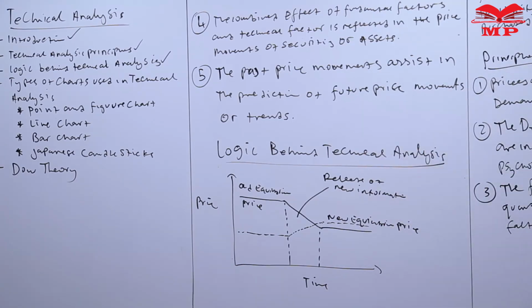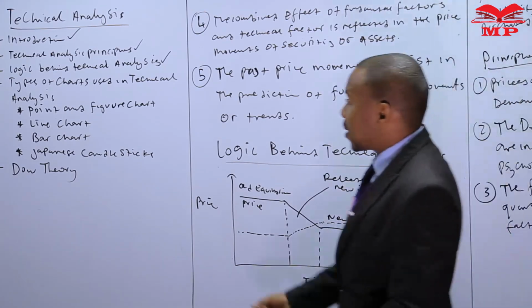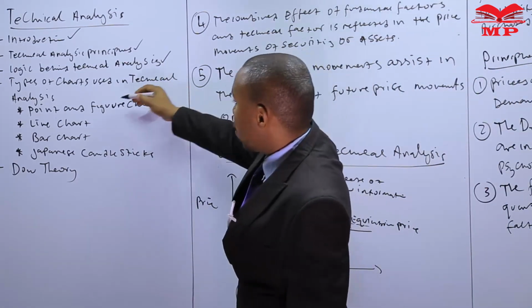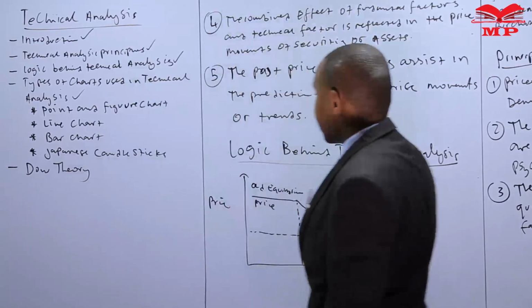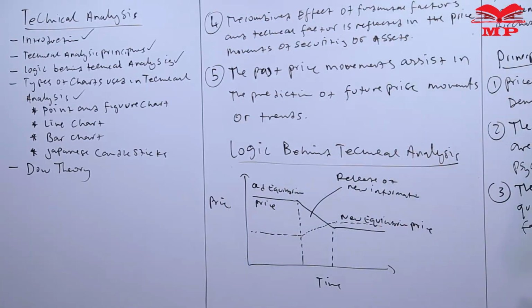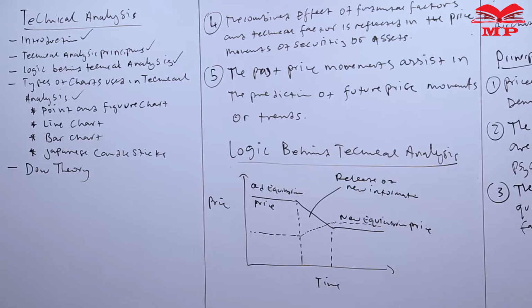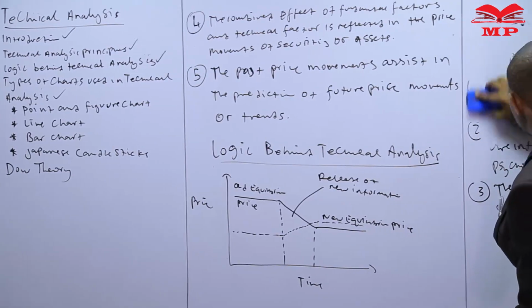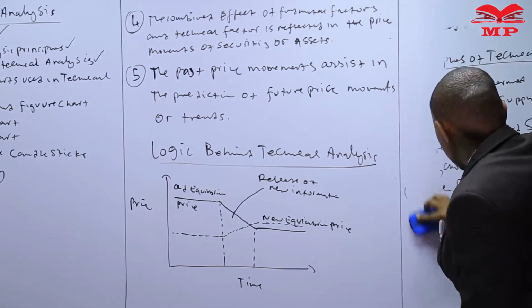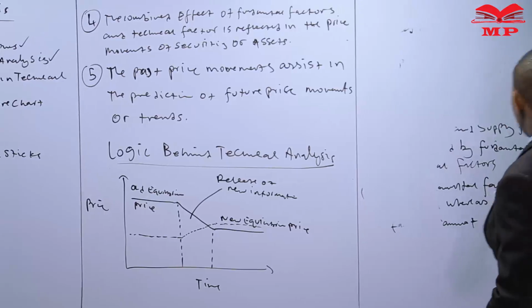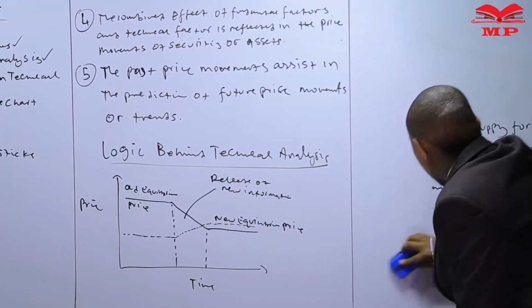Now, moving on, let's look at the types of charts used in technical analysis right there. So I can come on this side here. Look at the types of charts.